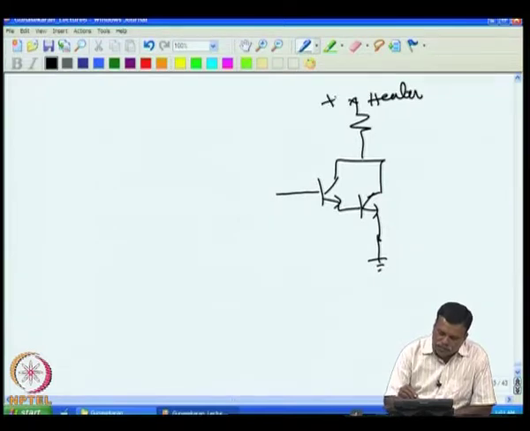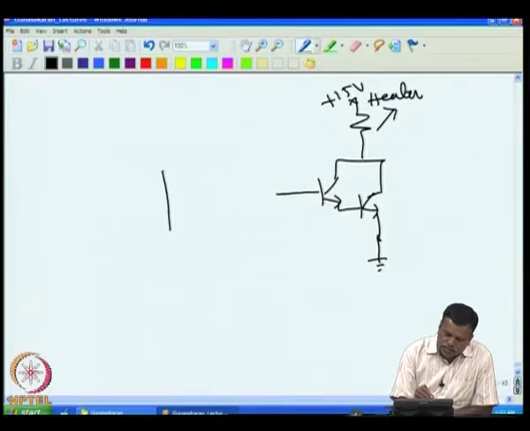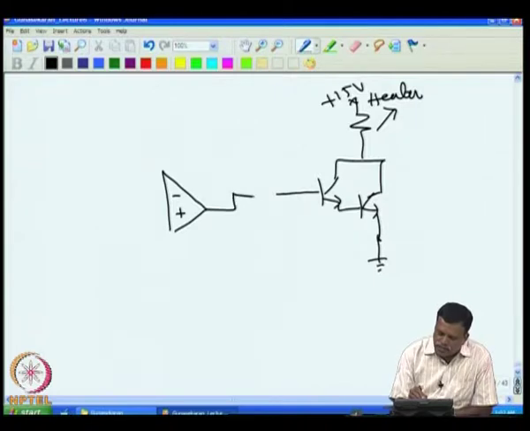Sorry, plus 15 volt, and this is the heater, and then this is our output driver, and the output of that is given to this, of course, with the series resistance.